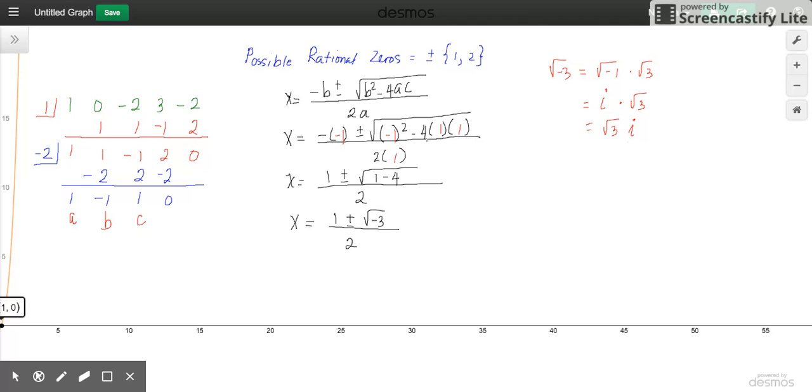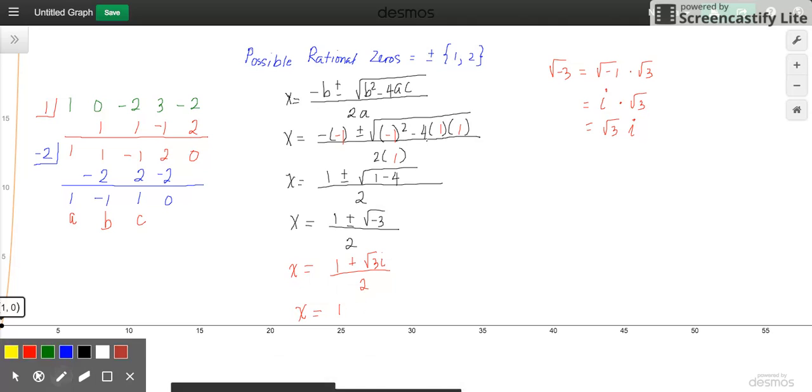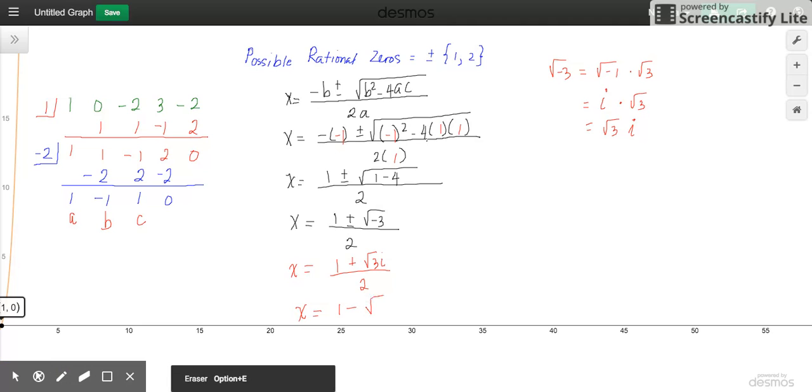Whenever we see square root of 3i or any number with i, that means it's not visible in the rectangular coordinate system. So let's simplify this. This is going to be x equals 1 plus square root of 3i over 2, and the other one is 1 minus square root of 3i over 2.